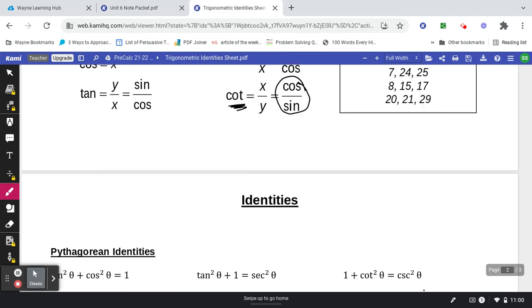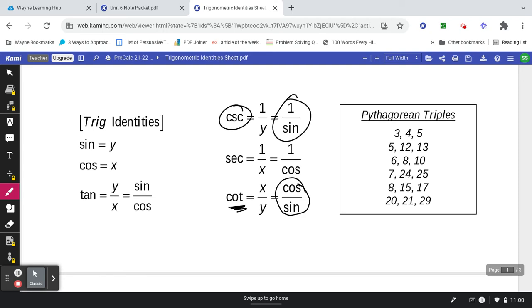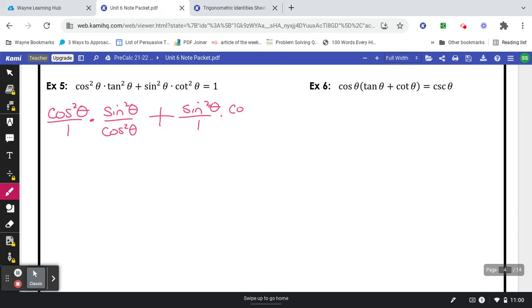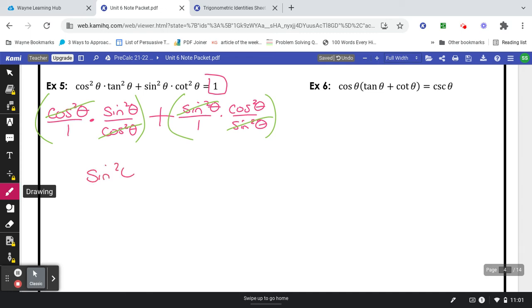Cotangent squared. Cotangent is cosine over sine, so we'll just square both of those. Again, we're trying to get that to be a 1. So we can cancel anything within that multiplication group and anything within that multiplication group, leaving us sine squared.